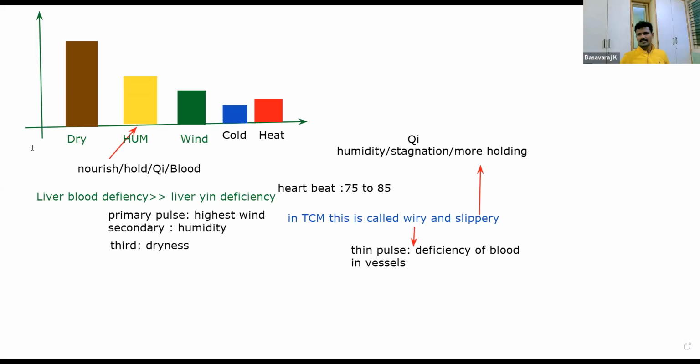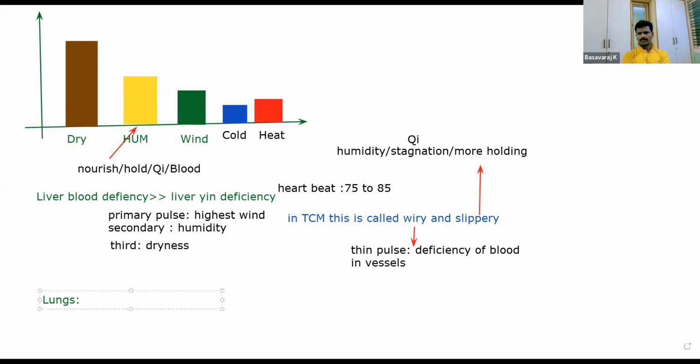Blur eyesight. So dryness means which element? It's the lungs, metal.